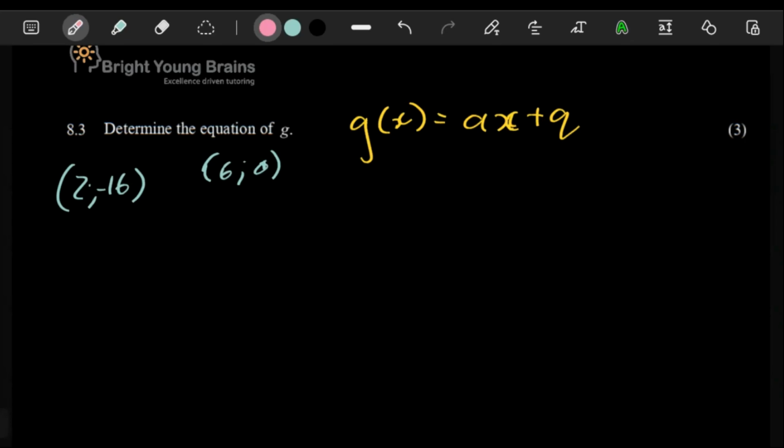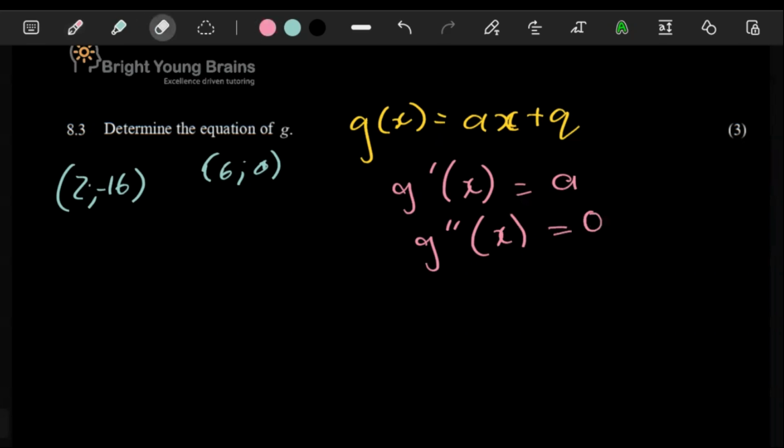The first derivative just leaves you with A, but then when you differentiate again, this is a constant, and differentiating a constant gives 0. So you can see the differentiating idea is not necessarily going to help us.